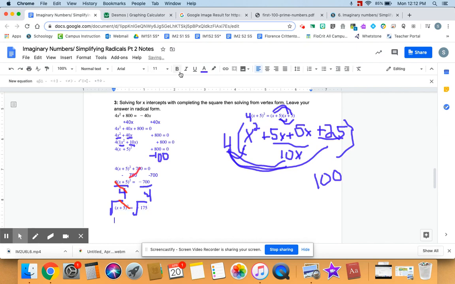But on the other side, so we still have x plus 5. Now it's going to equal the square root of negative 175.